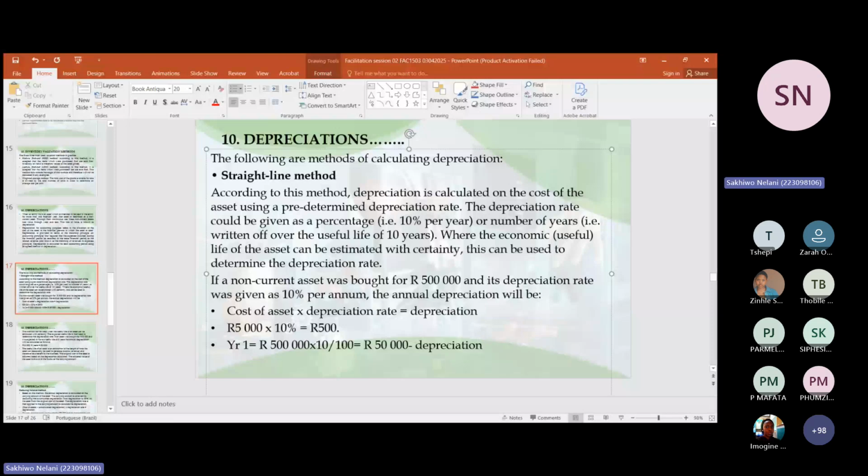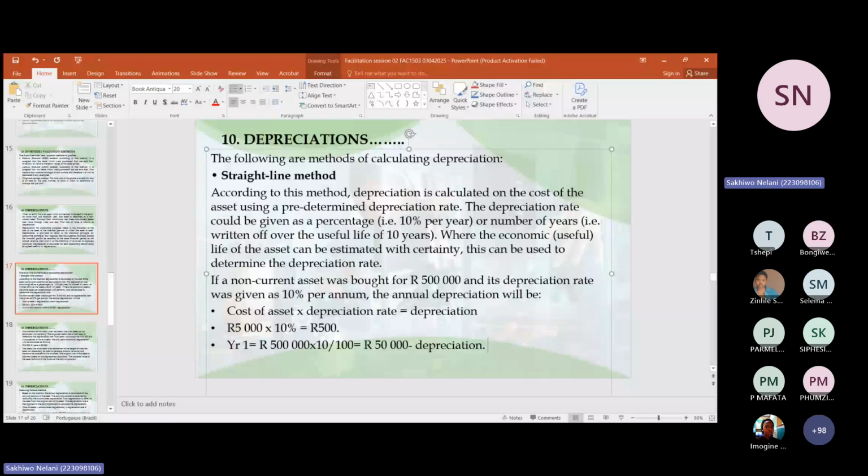So now, what is the value of the car after year one? Should be 450,000, exactly.